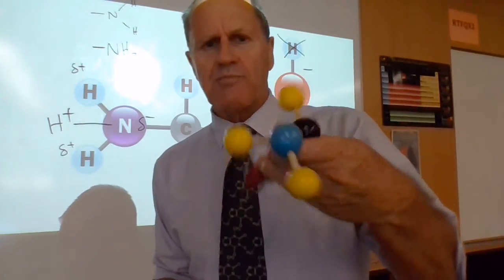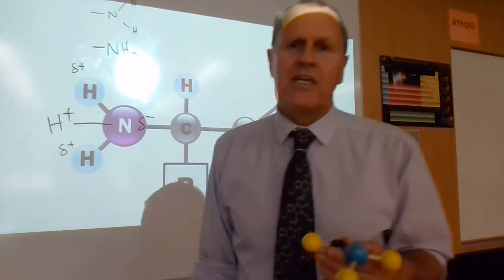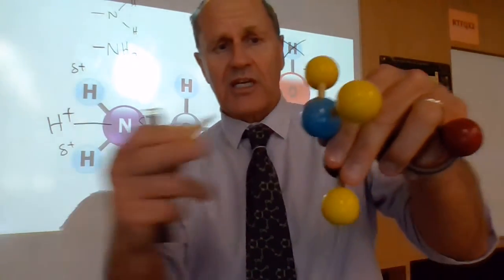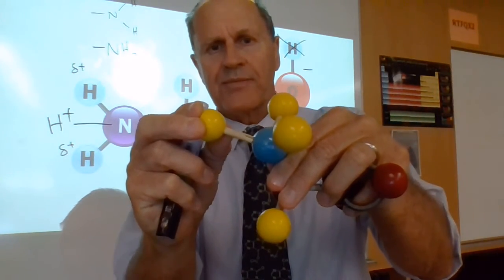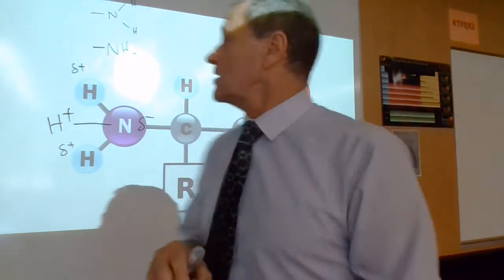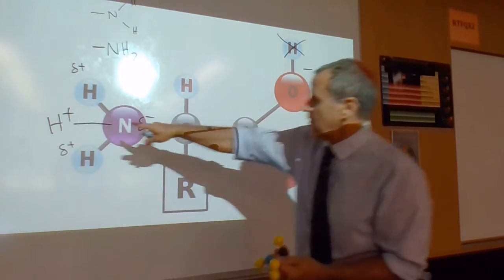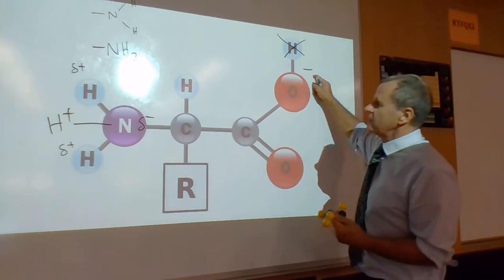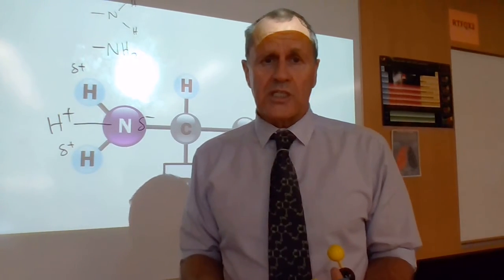So it shows up much better on the model because it looks impossible to squeeze in the H+ there. But here it comes. There's a delta negative there. You can squeeze it into there. And so what that makes is a delta positive over here, a positive ion over here, and a negative ion over here. Now, this is when it's put in water.